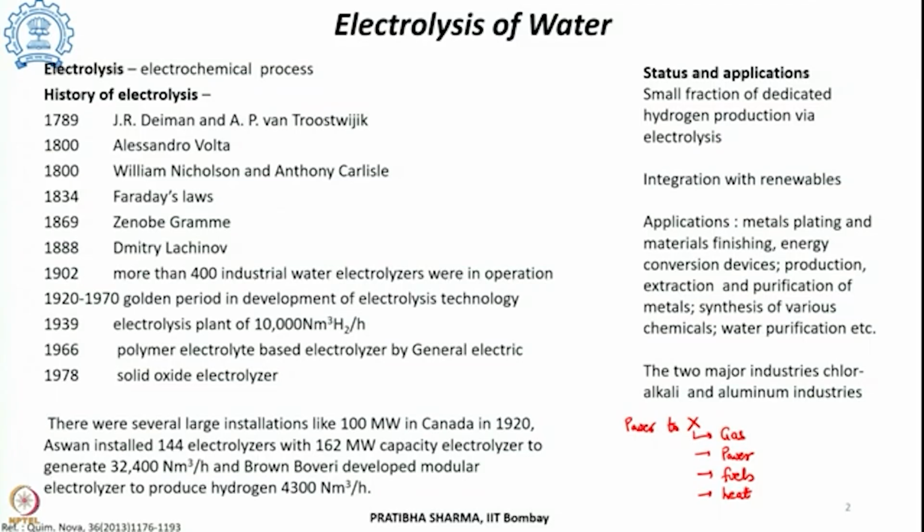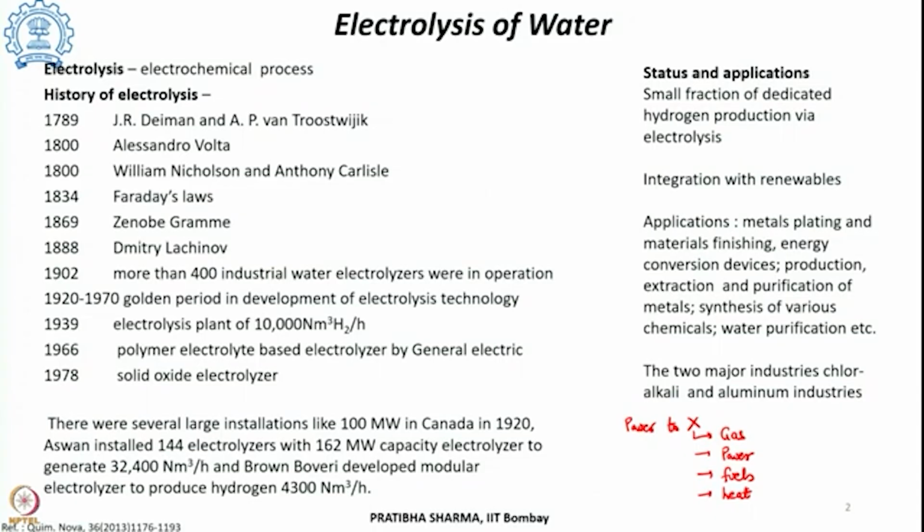After that in 1800, Alessandro Volta invented the voltaic pile. A week after this invention, William Nicholson and Anthony Carlisle performed the electrolysis and produced gases. Later these evolved gases were identified as hydrogen and oxygen.